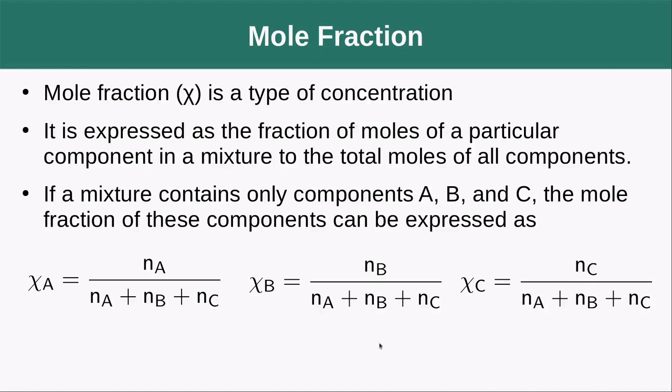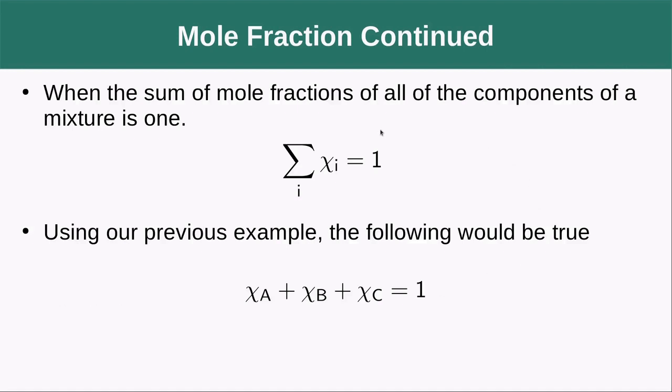If we know all of the mole fractions of all of the components, then they will sum together to equal 1. And we can see that expressed here using sigma notation.